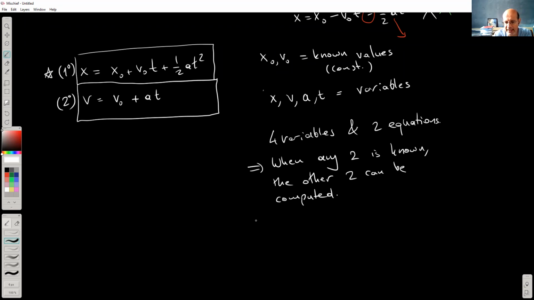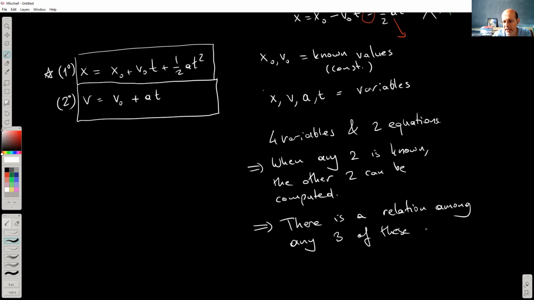So there is a relation among any 3 of these variables. There are formulas where, for example, the time might be missing and the formula relates x, v, and a to each other. In another formula, the acceleration might be missing, so we relate x, v, and t to each other, and things like that.